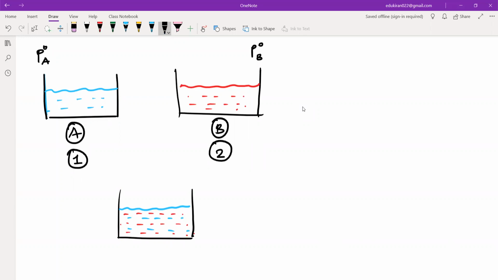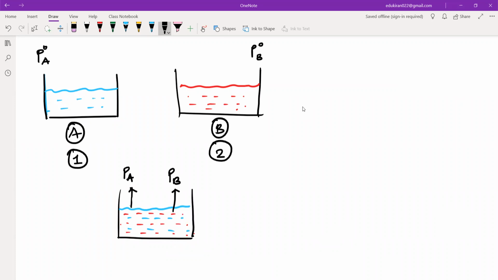So the A liquid will have PA pressure, and not P naught A. Why? Because it is not pure. We cannot have P naught A pressure due to the A liquid because it is not pure. Similarly, this red liquid will have some pressure, and that will be PB. Correct? Yes or no? You understand these 2 points?